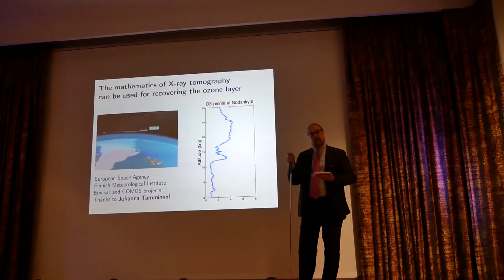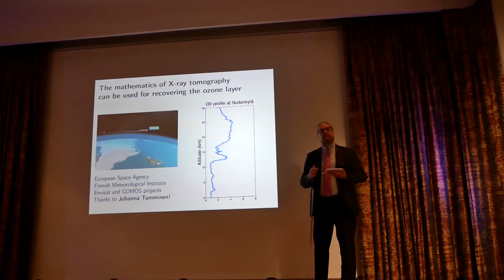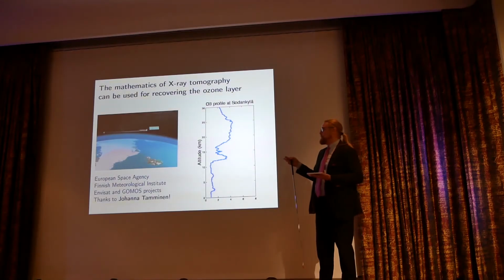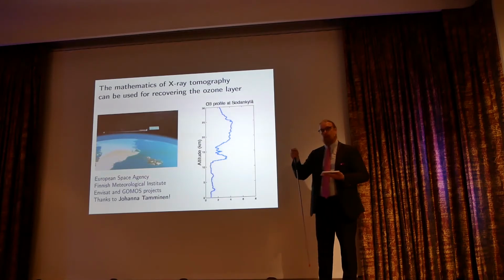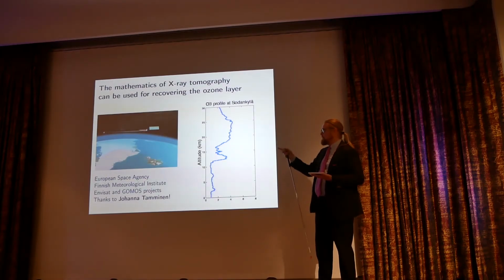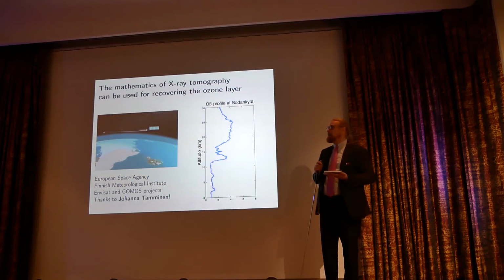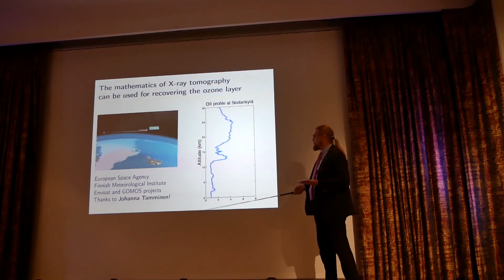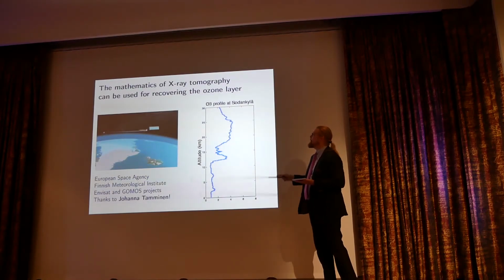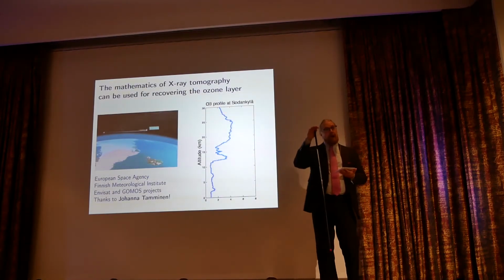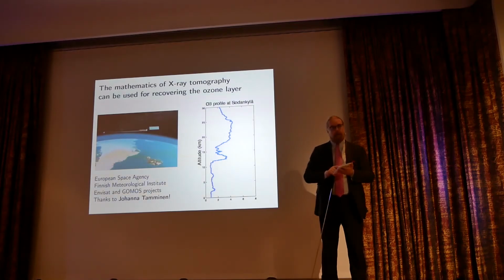And this tells about the ozone content, but also this is a so-called exterior tomography problem because there's no data through the Earth, only through this atmosphere, so they would only have these line integrals outside the Earth. But it can be used for recovering the profile, the amount of ozone at different heights and all around the Earth.